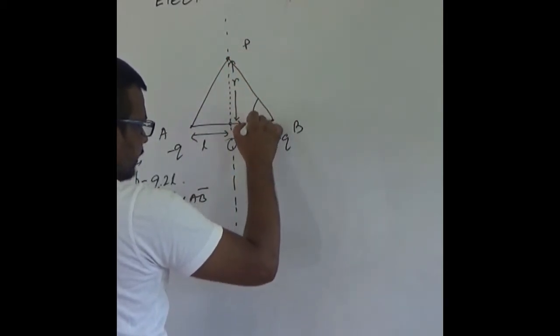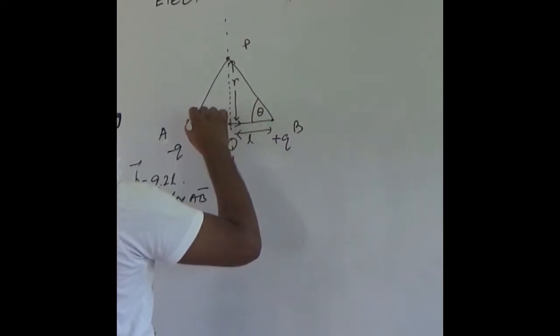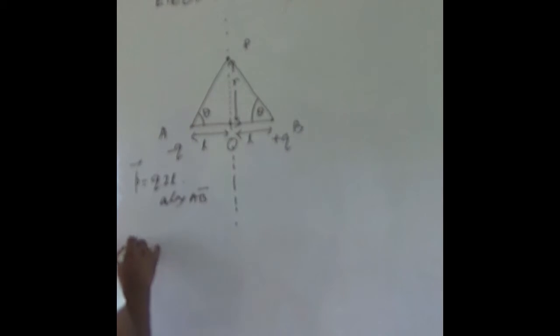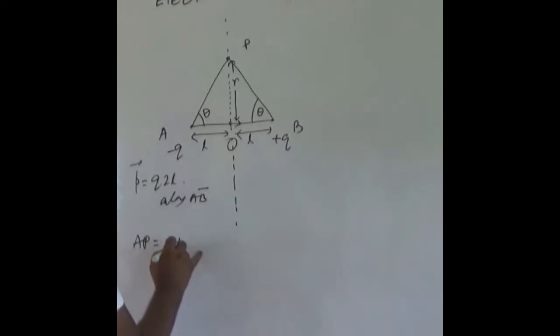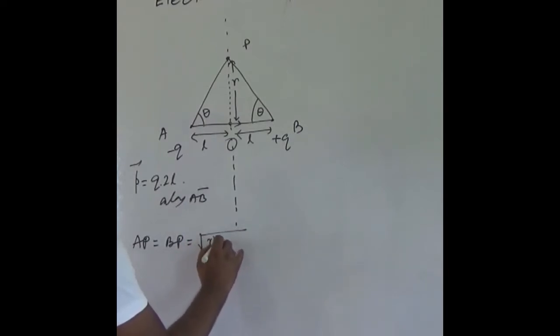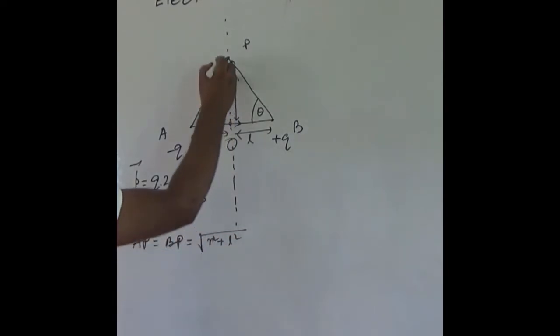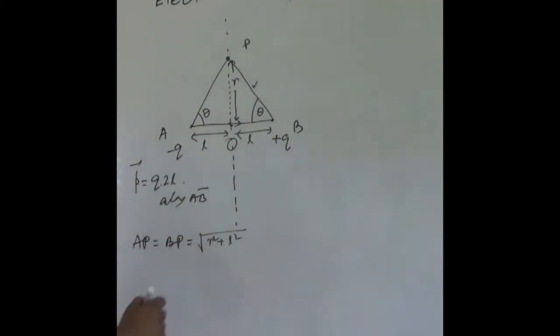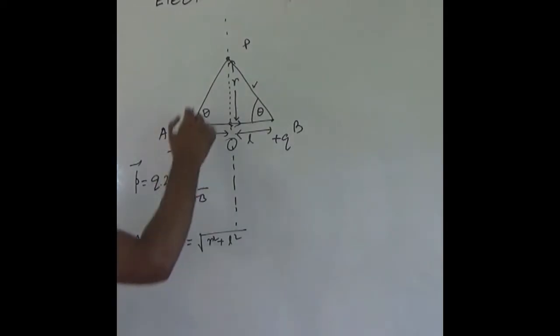Let us say this angle is theta, then this angle will also be theta, and AP will be equal to BP, which will be equal to root over r square plus L square, because this is perpendicular, this is r, this is L, then this will be the hypotenuse, and this will be root over r square plus L square, and this also.